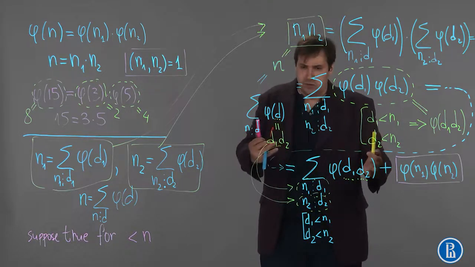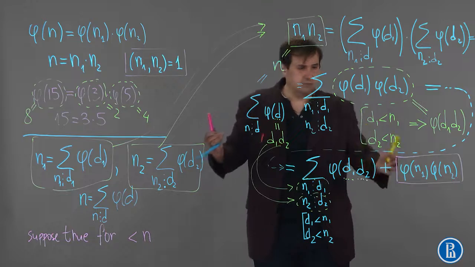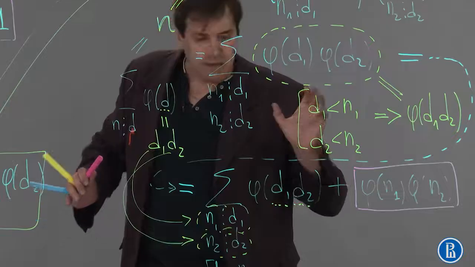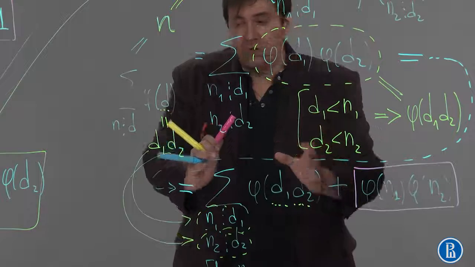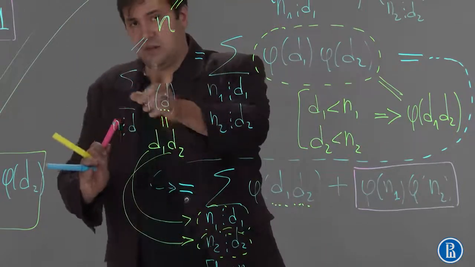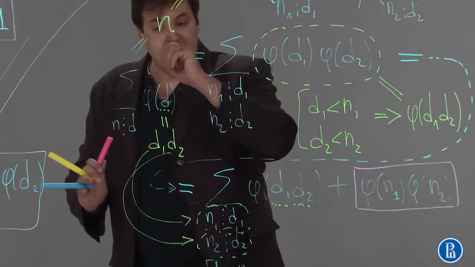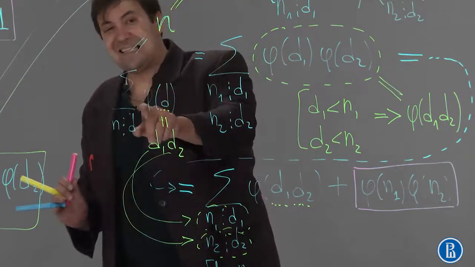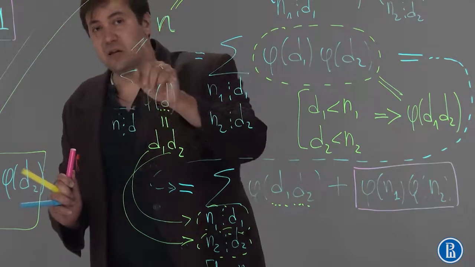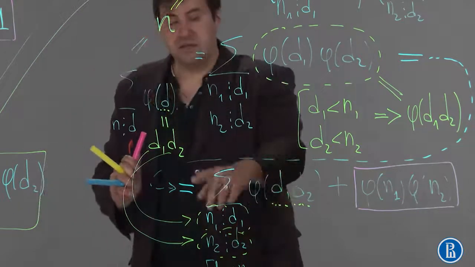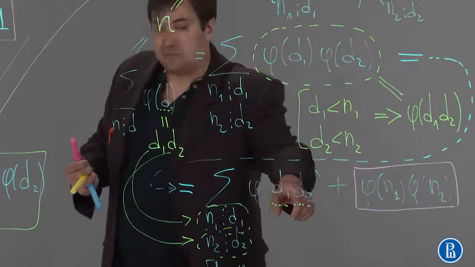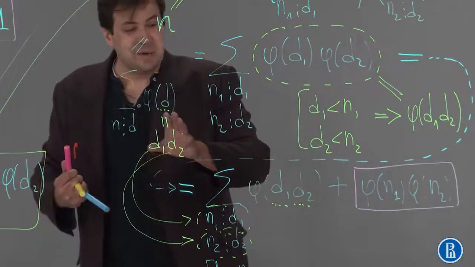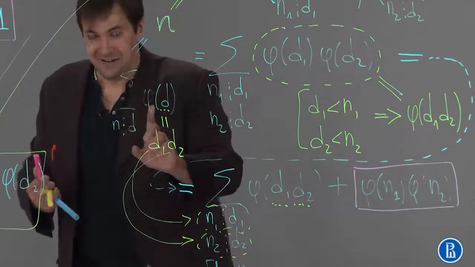So, are these expressions the same? Well, not quite. This part of this big expression is fully included into this sum. But there is one summand here that is not present here. I think you understand that d1 multiplied by d2 can be anything but n.